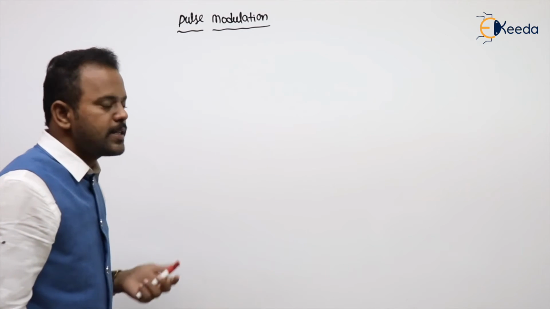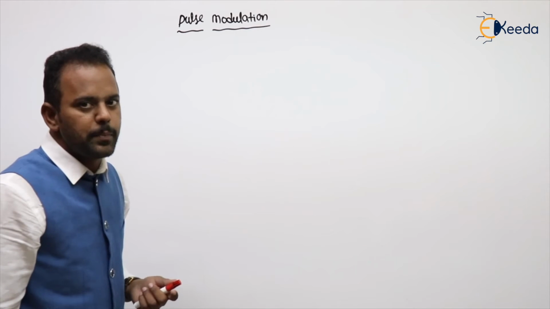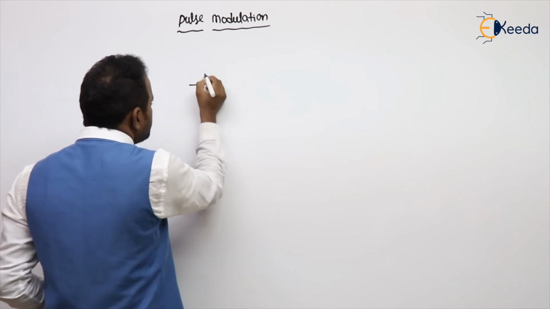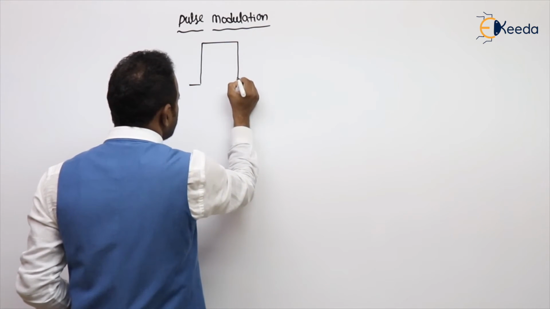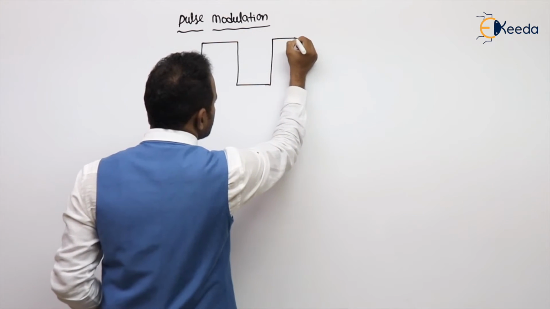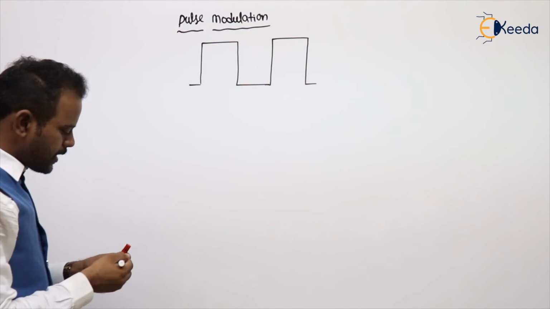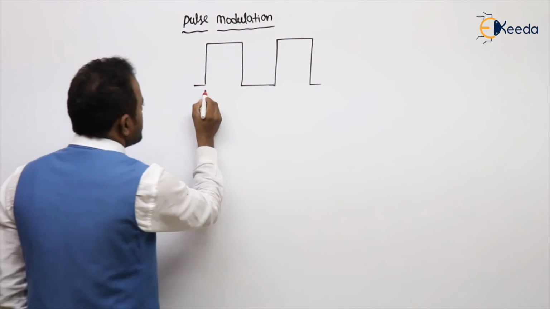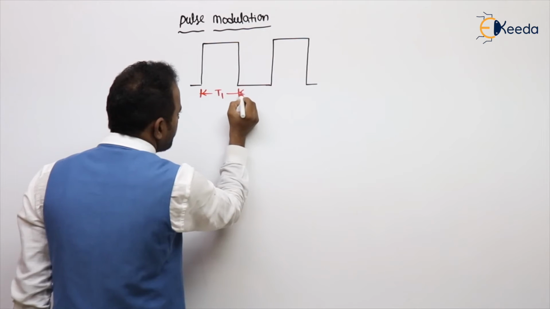Let's see what carrier we are using, students. The carrier we are using is a pulse train. Let's take the pulse train. This is the pulse train we are using. So coming to this one, let's mark this as T1. I will tell you what those values are.